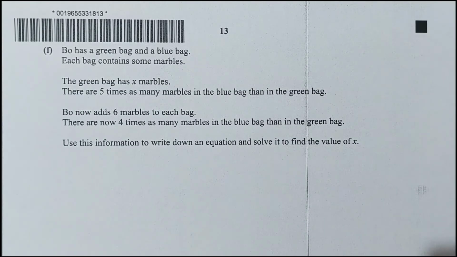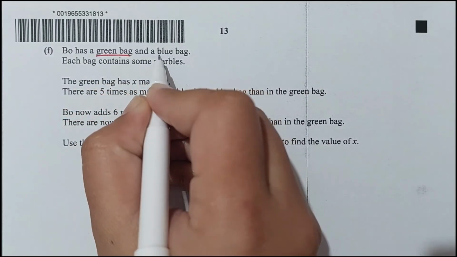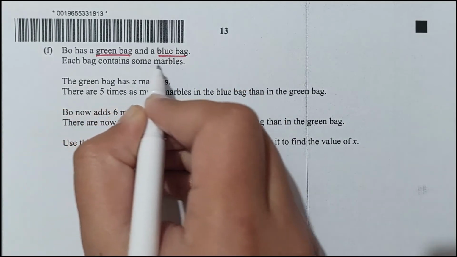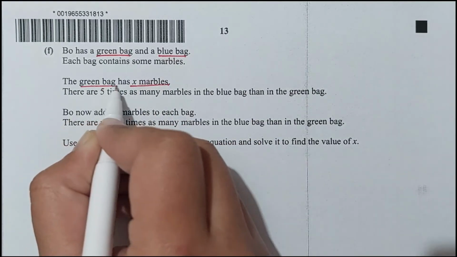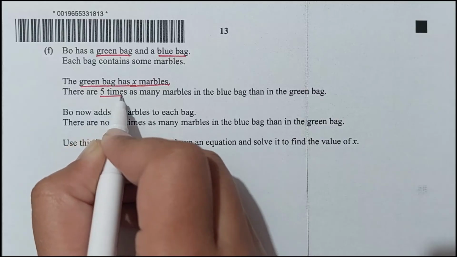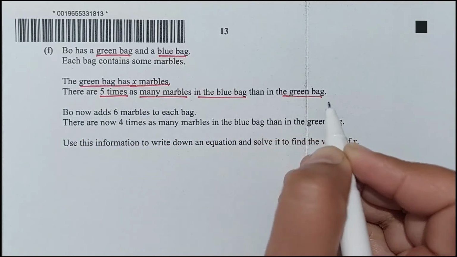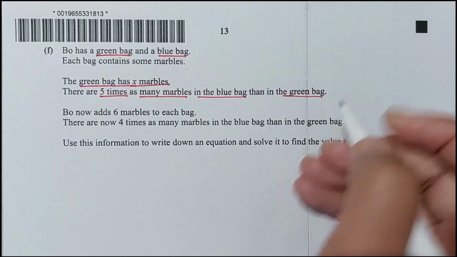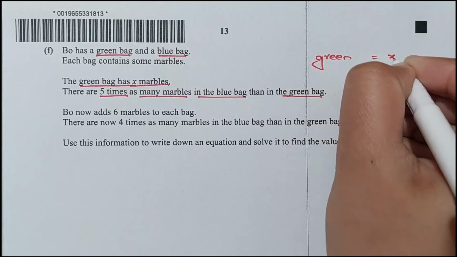Question now part F. Bo has a green bag and a blue bag. Each bag contains some marbles. The green bag has x marbles. There are 5 times as many marbles in the blue bag than in the green bag, right? So the green bag has x marbles.